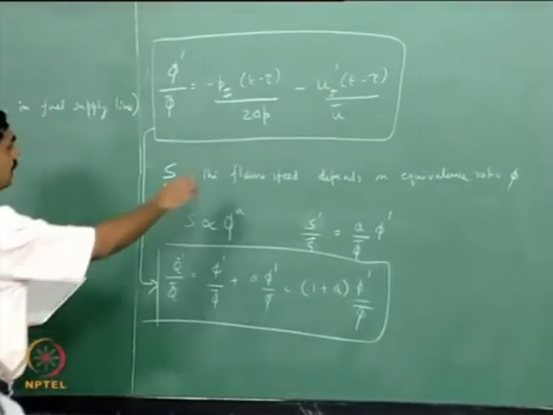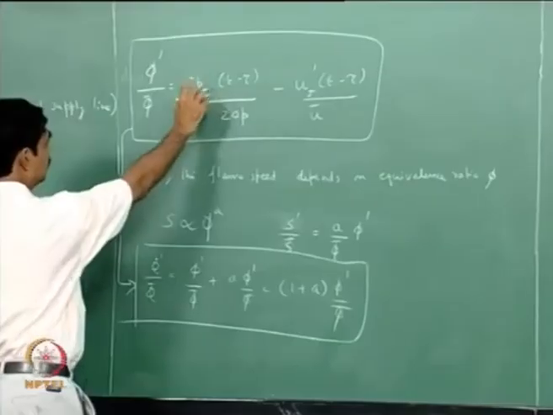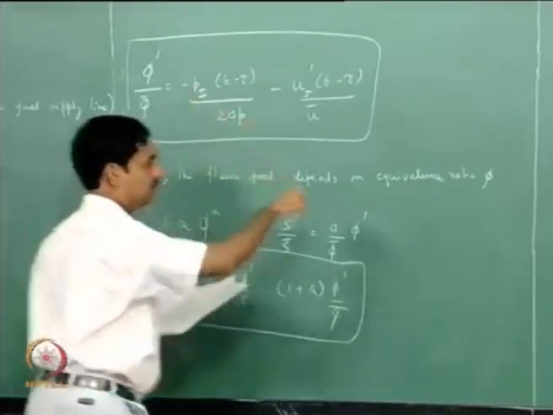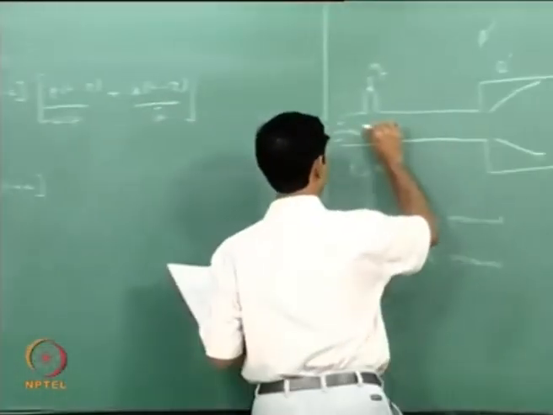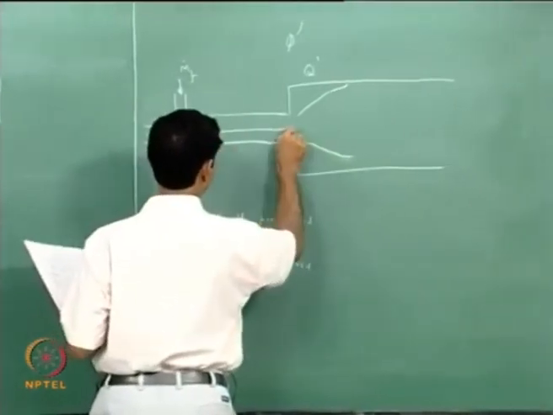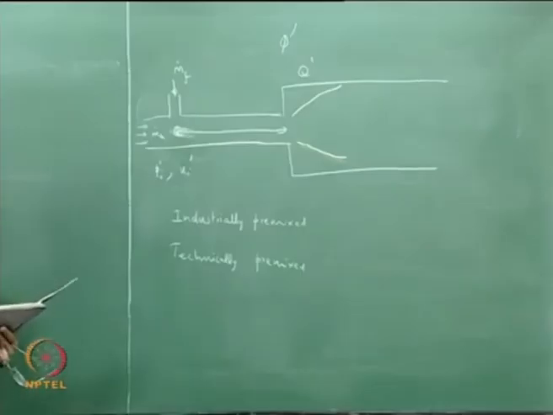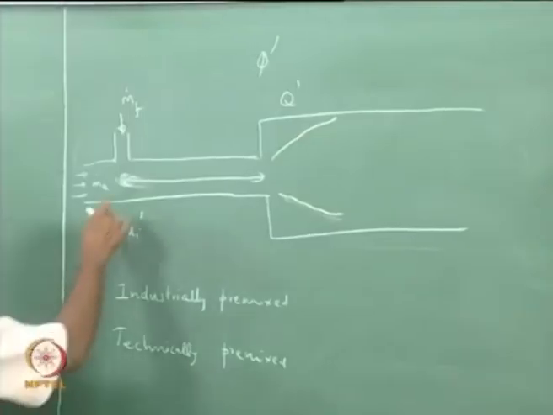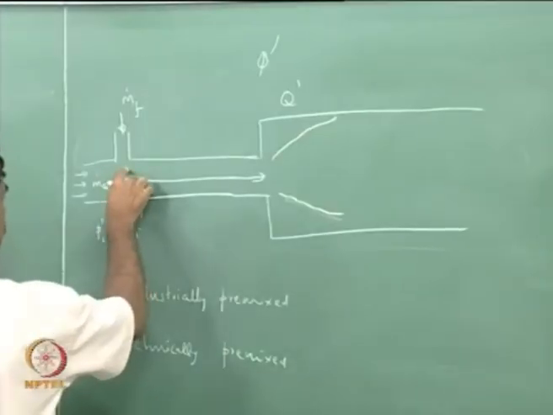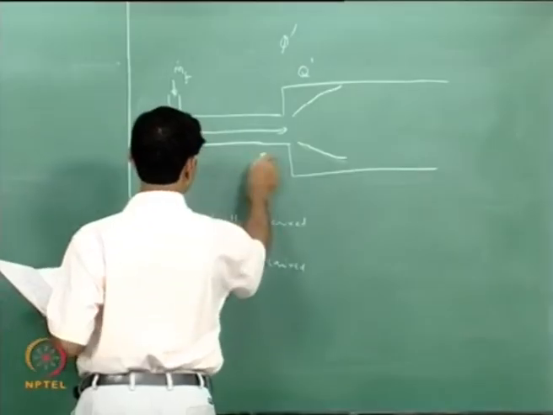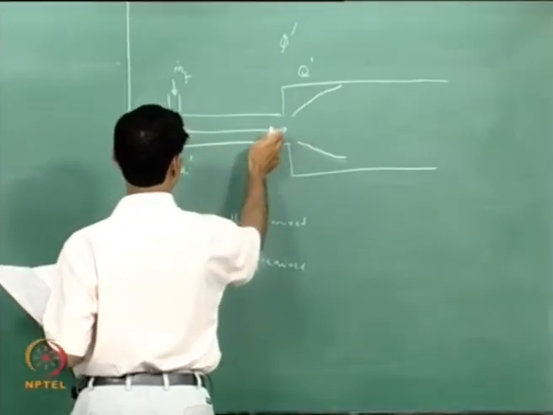Not really a mistake. So the pressure at the inlet affects this, and then you have an equivalence ratio fluctuation. It takes a certain time tau to get convected here, and only after that it burns. So you have the fluctuation here, and it travels this distance by a convective time delay, and then it burns.